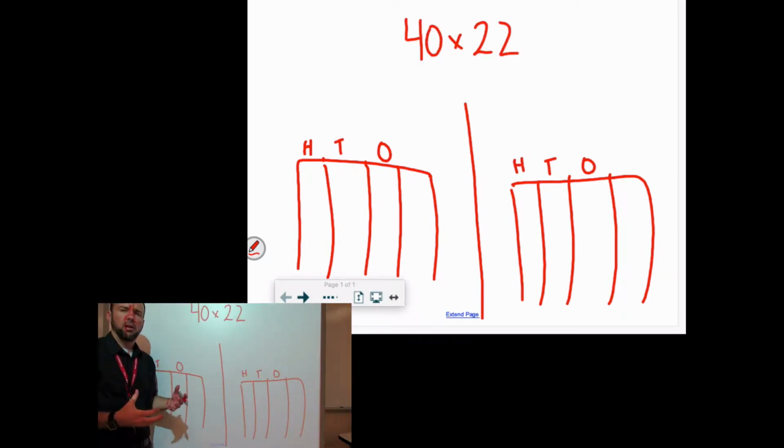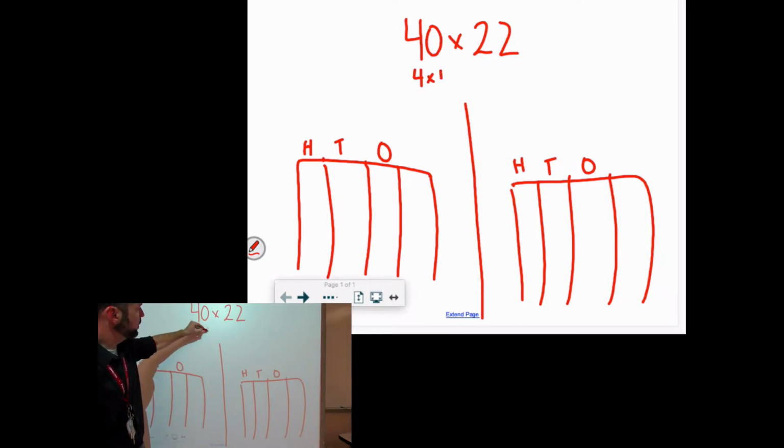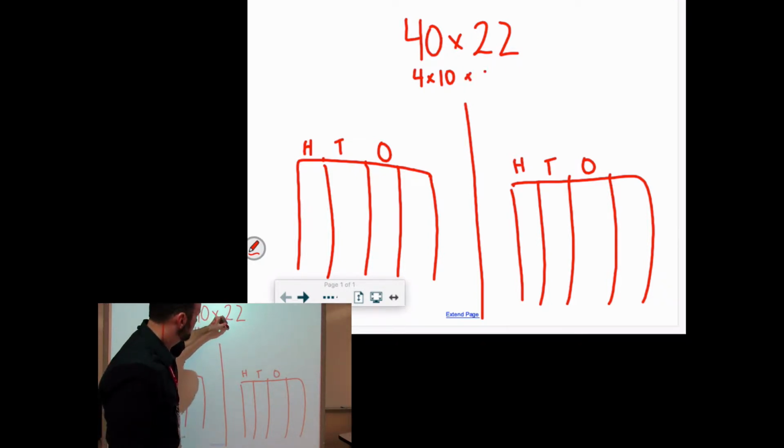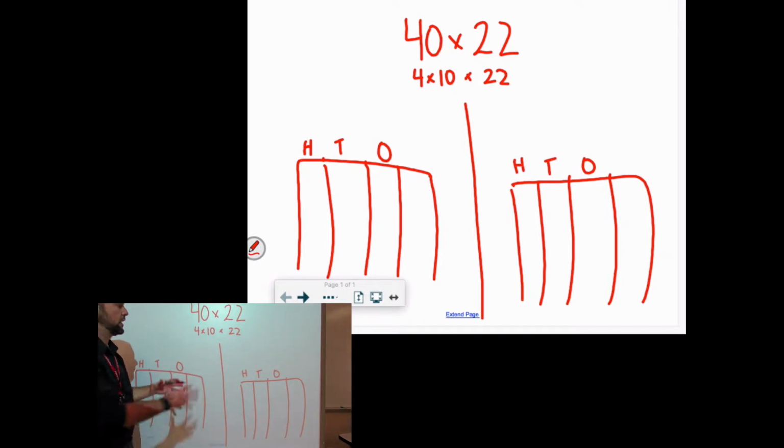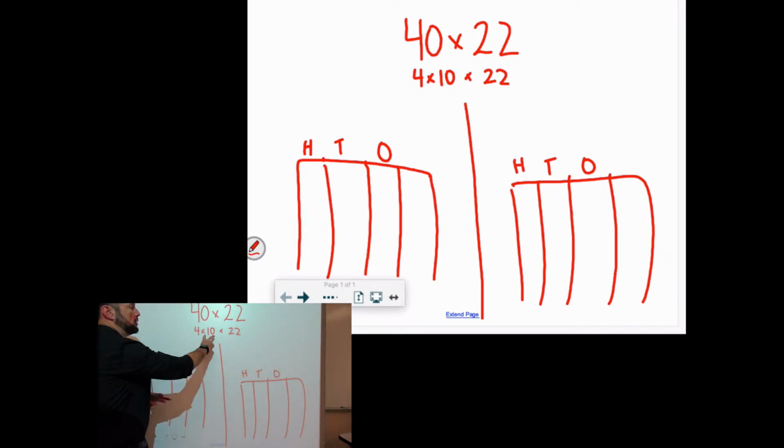Knowing what we know, I could take some of these numbers and break them apart. I'm going to take this 40 and think of it as 4 times 10, so 4 times 10 times 22. I have these two different strategies because I'm going to group that 4 times 10 times 22 in different ways to make it easier to understand.